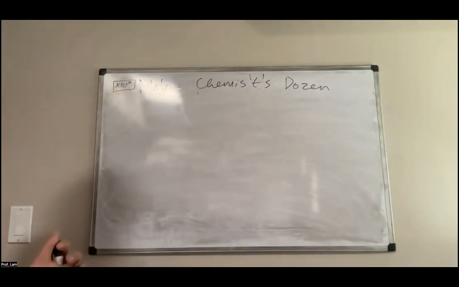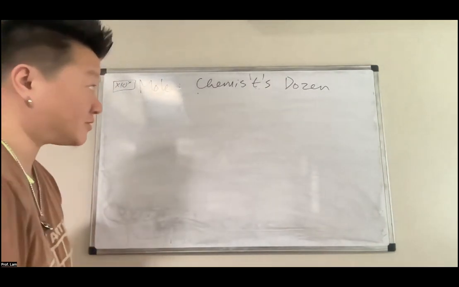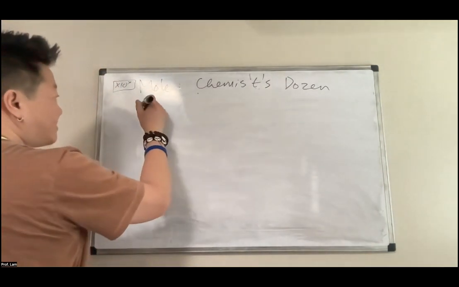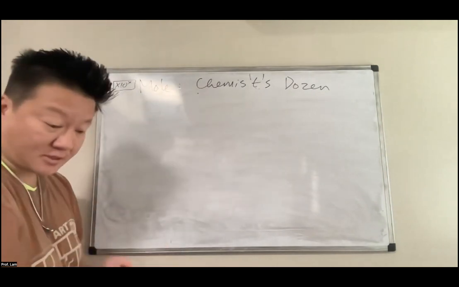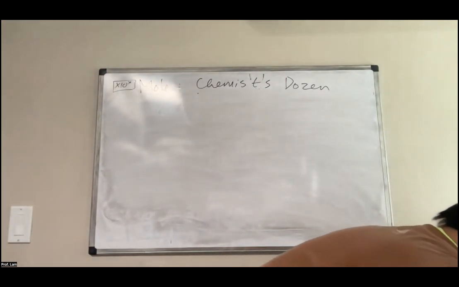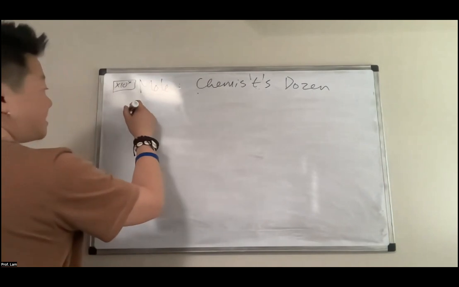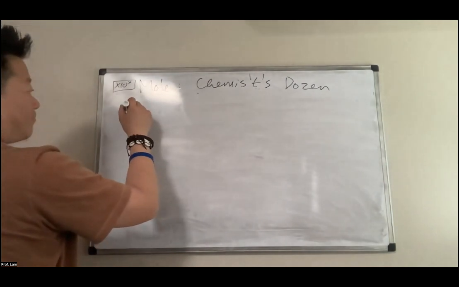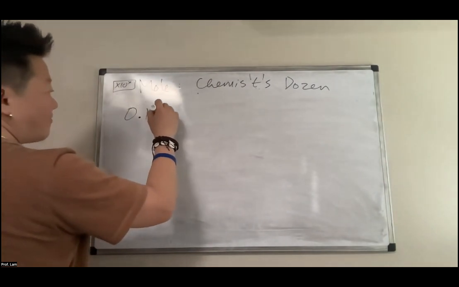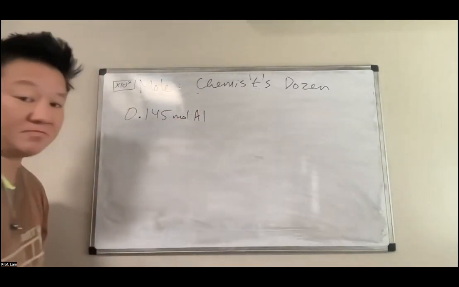All right, so let's do aluminum. How about aluminum atoms, right? Let's say we have 0.145 moles of aluminum.